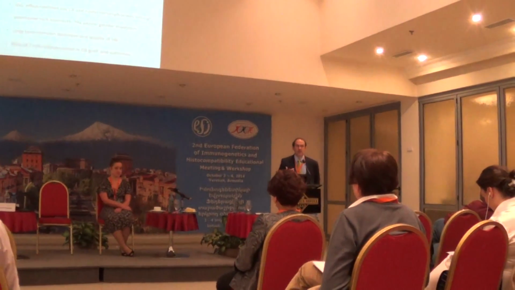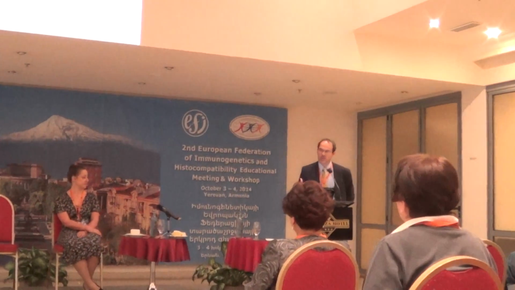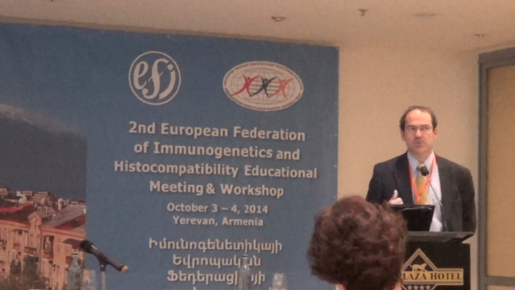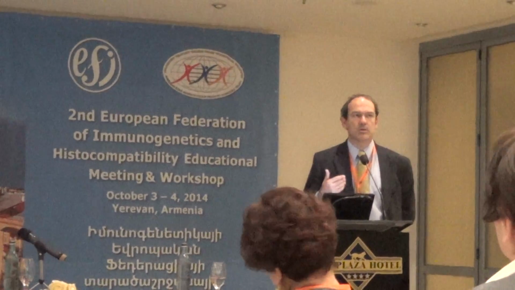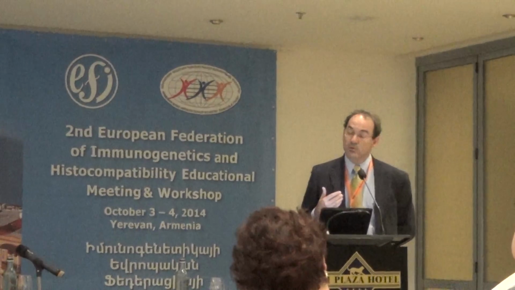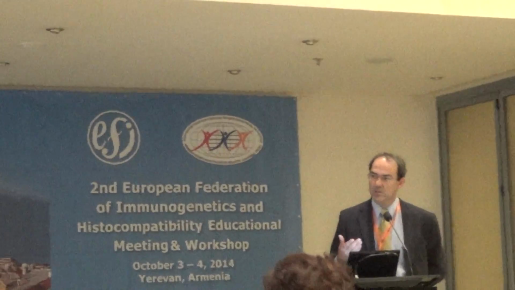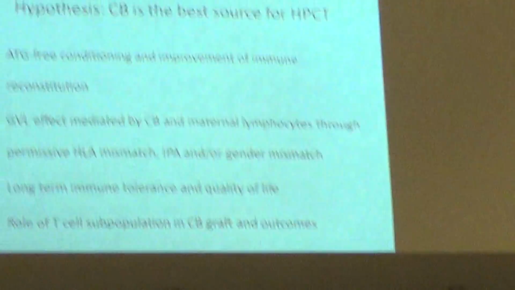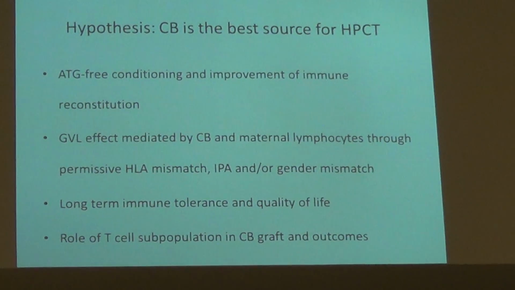Second, the GVL effect mediated by cord is also demonstrated, and I will show some papers demonstrating it through both cord and maternal lymphocytes contained in the graft. Third, the long-term immune tolerance may result in a better quality of life for the patient. And fourth, the role of the T-cell population in the graft and the outcomes.